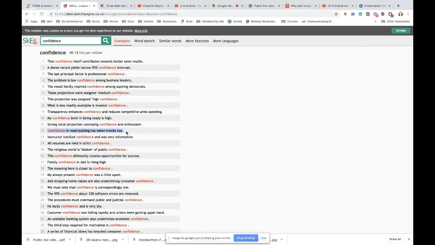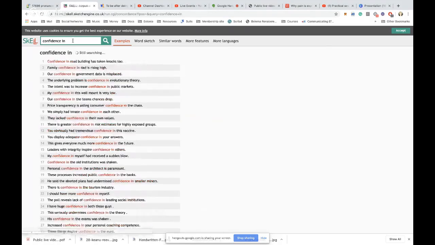"Confidence in road building has taken knocks too." If you learn that confidence in doing something, you see, it's been very interesting. If you Google this, "confidence in," wow. We see a lot of cool results. Confidence in government data, confidence in evolutionary theory, confidence in the teams, confidence in risk estimates.